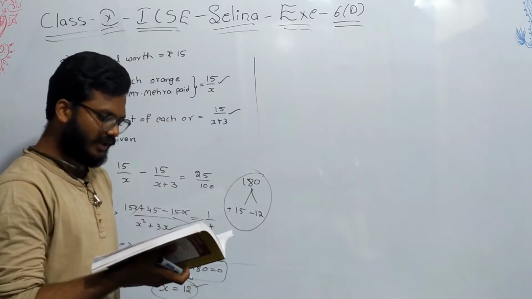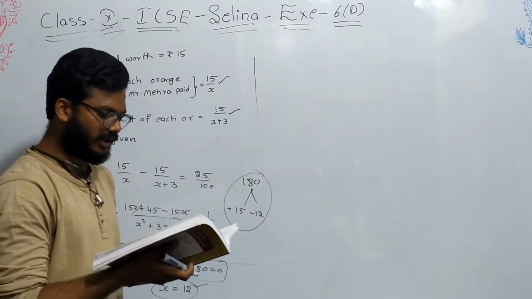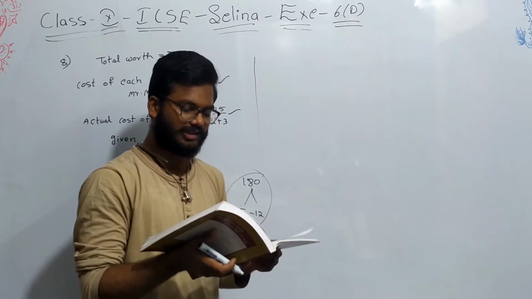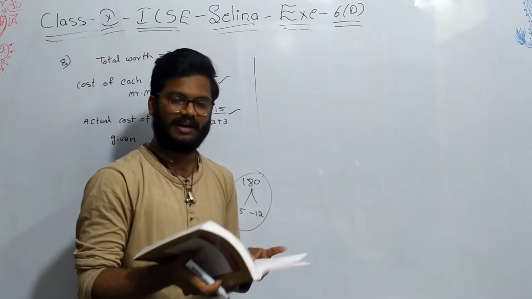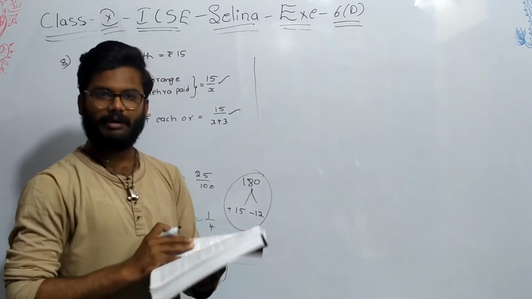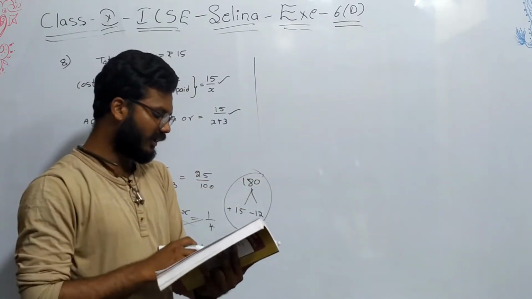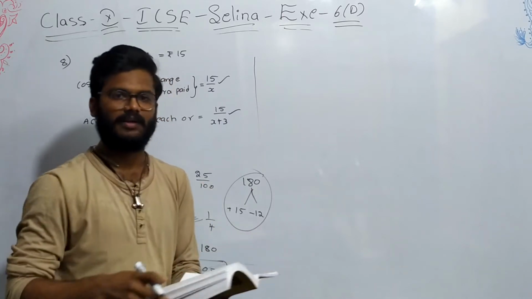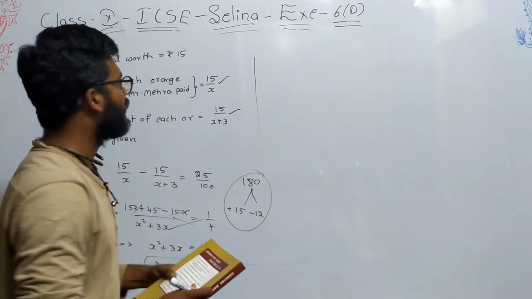250 is divided equally among a certain number of children. If there were 25 children more, each would have received 50 paise less. See here, how to convert this type of problem into a quadratic equation. First, they are telling that 250 is divided equally among a certain number of children. We don't know how many children there are.